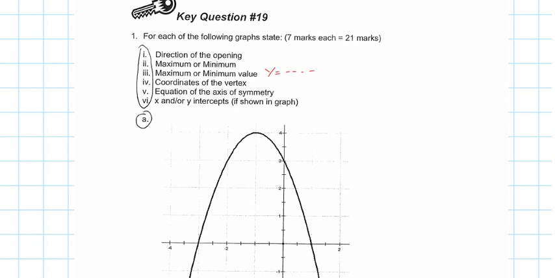What are the coordinates of the vertex? And the equation of the axis of symmetry. And then you're going to have to include the x and or y-intercept if shown in the graph.